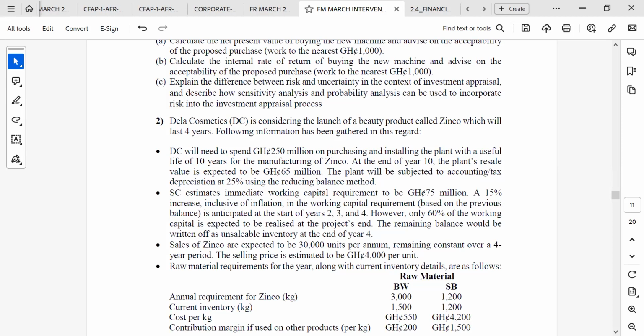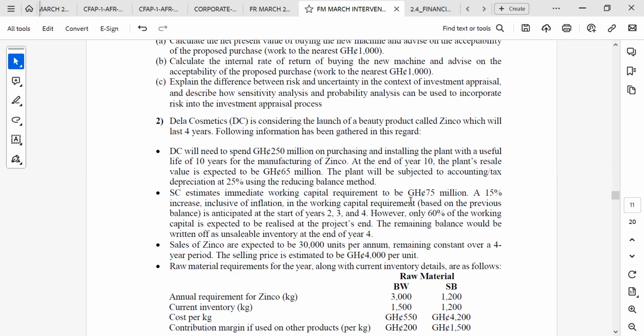Bella Cosmetics is considering the launch of a beauty product called Zinco, which would last 4 years. The following information has been gathered in this regard. The company will need to spend 250 million on purchasing and installing the plant with a useful life of 10 years for the manufacturing of Zinco. At the end of year 10, the plant's resale value is expected to be 65 million Ghana cedis.